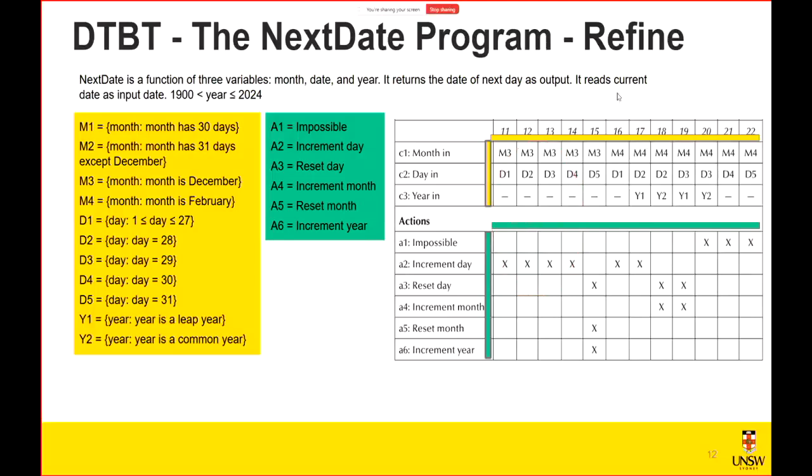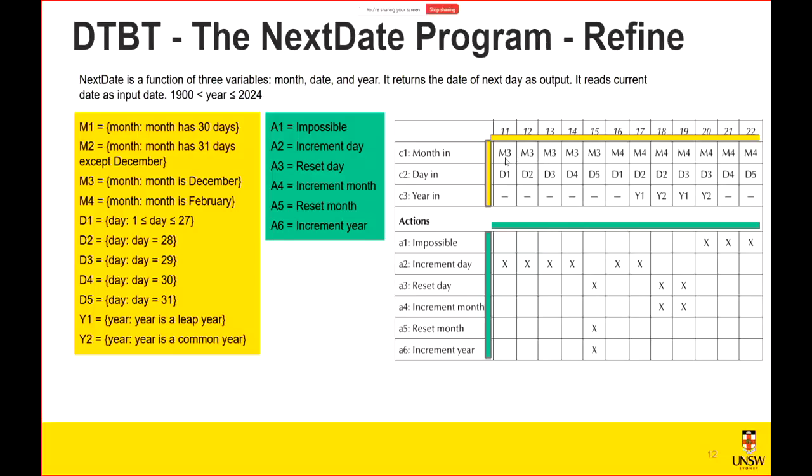However, although this table is refined and better than the previous one, it is still not the best because it has some redundancies. As you can see here, all these conditions have the same effect, right?